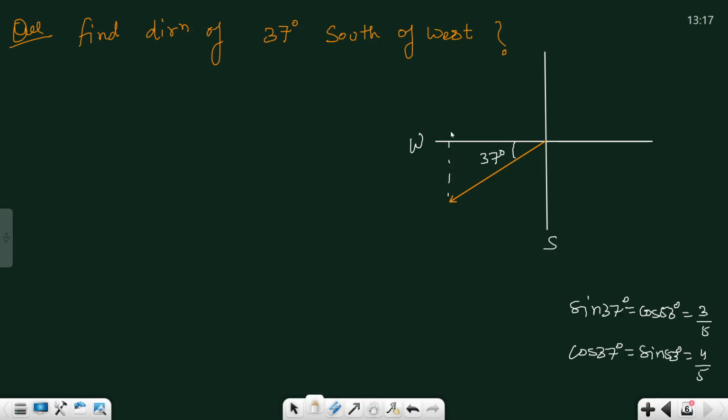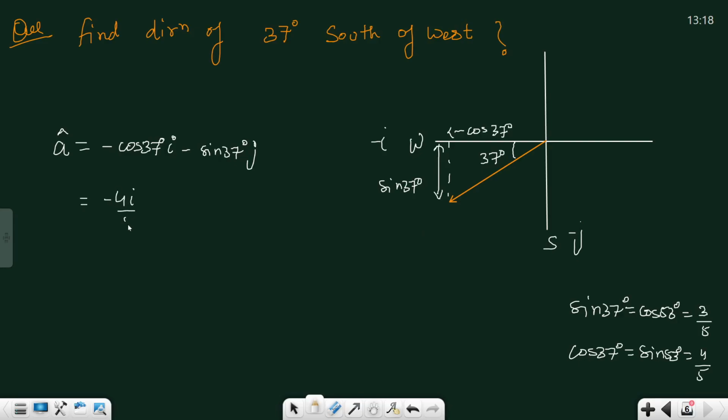So this will be cos 37 degrees, and this will be sin 37 degrees. So the vector will be minus cos 37 degrees i minus sin 37 degrees j. Both are negative, i is negative and j is also negative. So this is minus 4i/5 minus 3j/5.